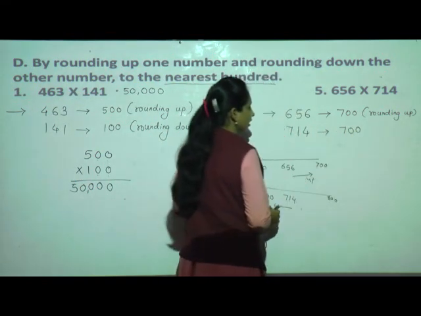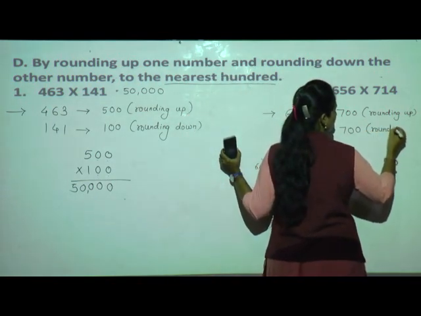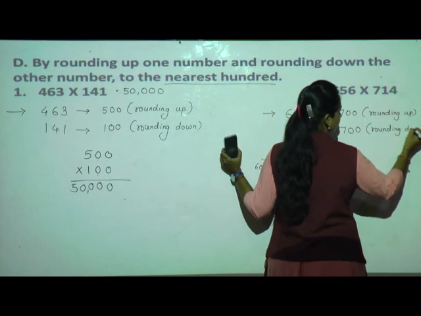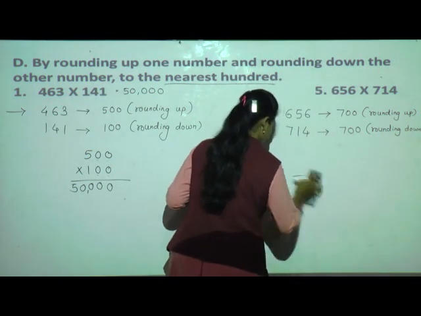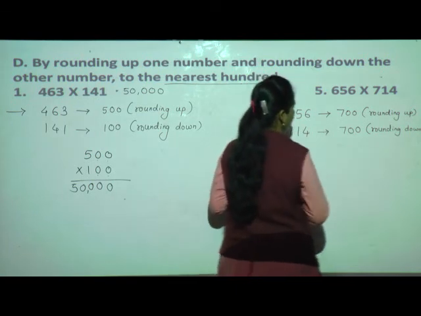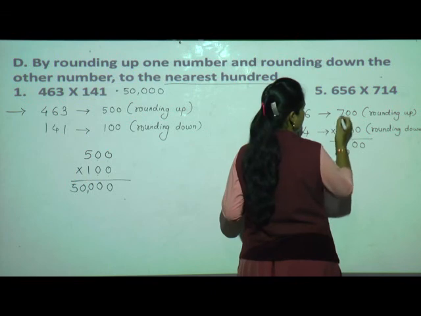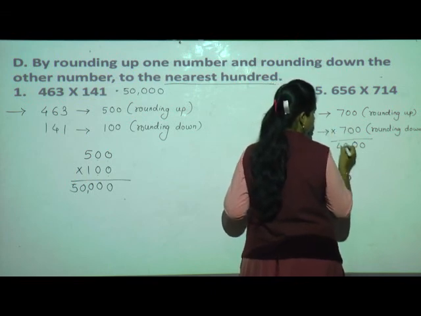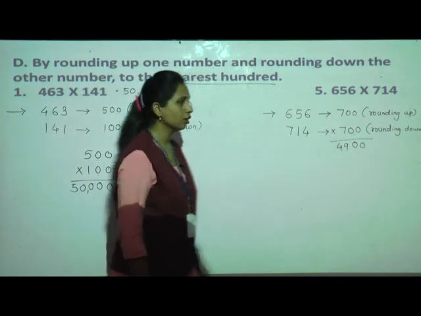Now this is rounding down. Now place the zeros as it is: 0, 0. 7 sevens are 49. Here also you can do it directly, and again by writing also you can do.